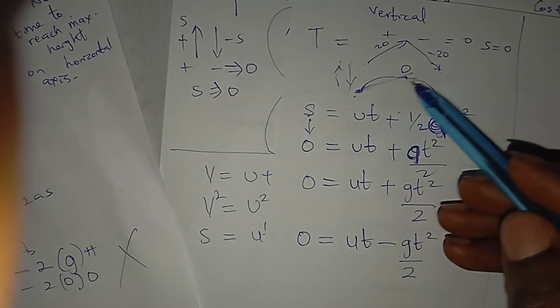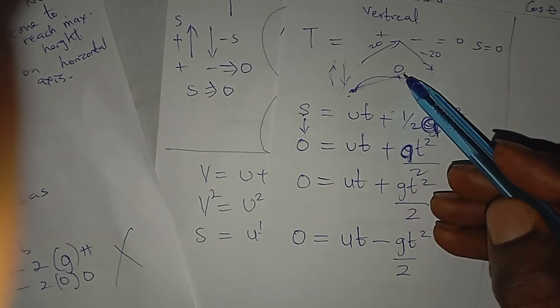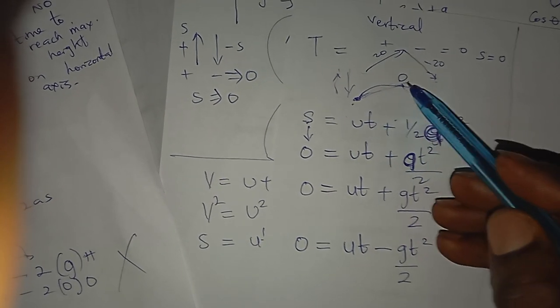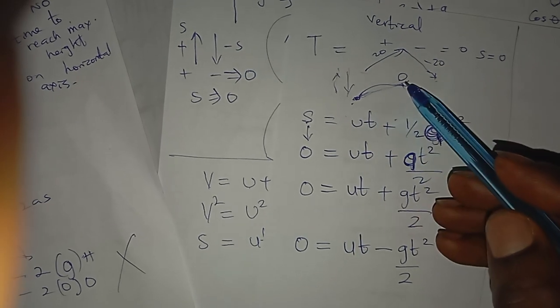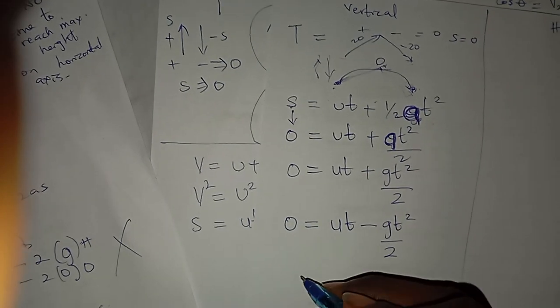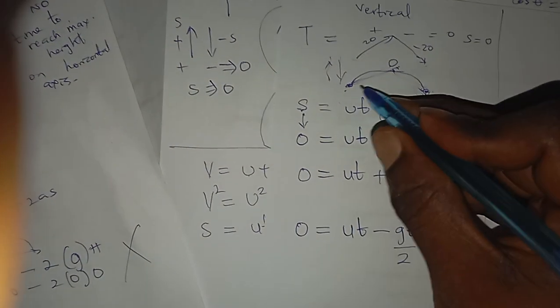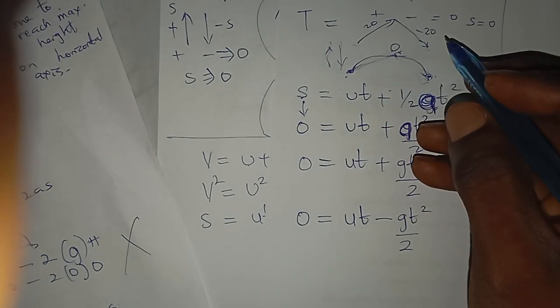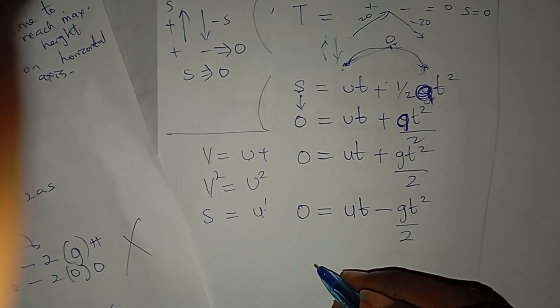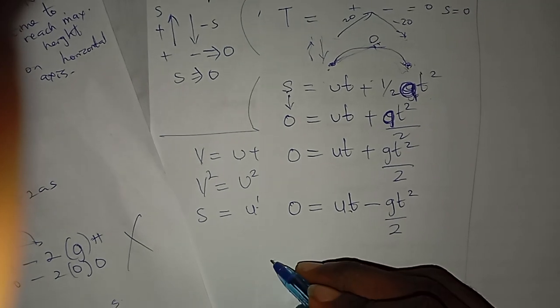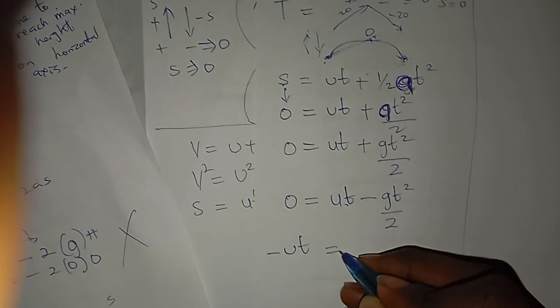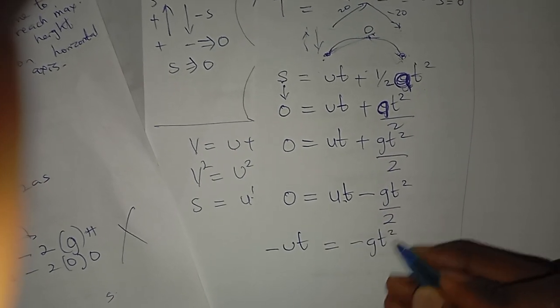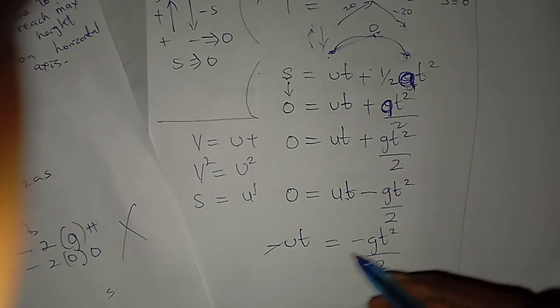So it puts the gravity in a place where it's disobeying gravity, and if you go up, you must come down. So for the fact that it went up, you replace it with minus. For gravity, you don't say it went up and it came down, so it should cancel it. No, for gravity, once it's going up, the acceleration is negative. So this will cross the equality sign, so that it becomes minus ut equals minus gt squared over 2. This will cancel this.